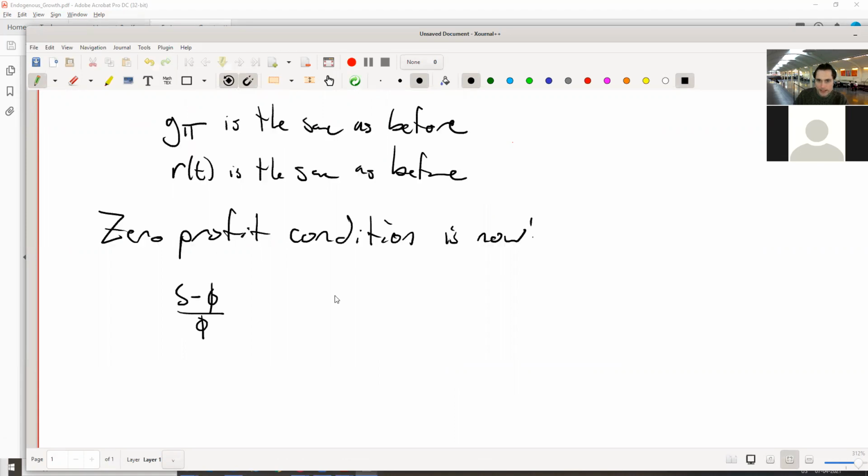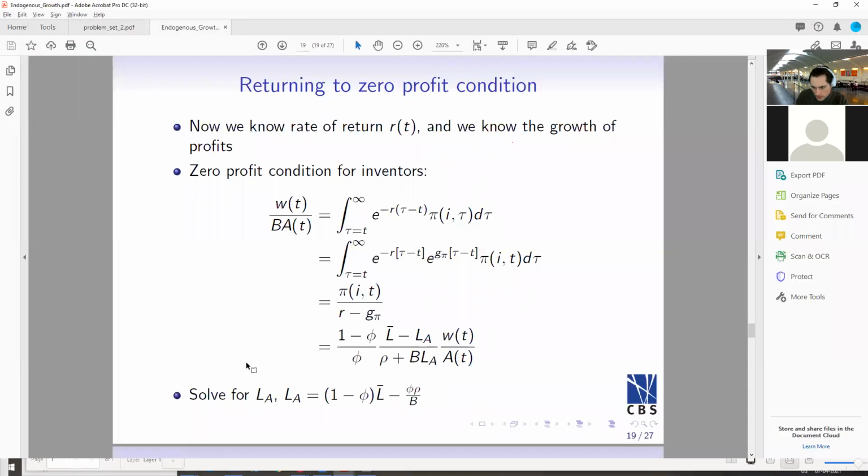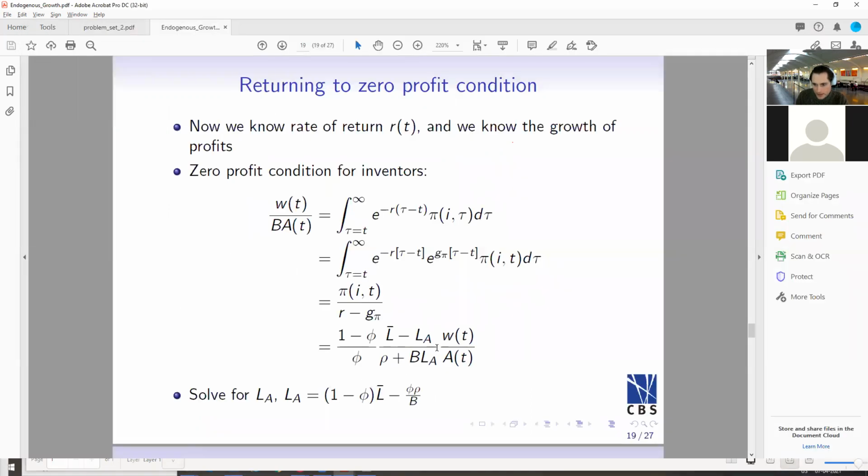I'm just substituting in this pi from up here. L bar minus LA divided by AT times WT. Then we're going to divide by R minus G pi.